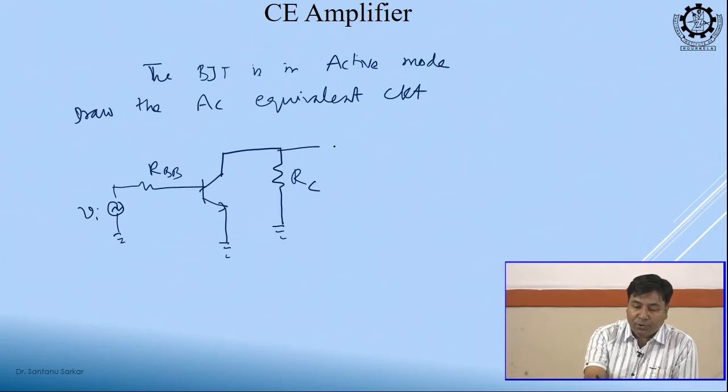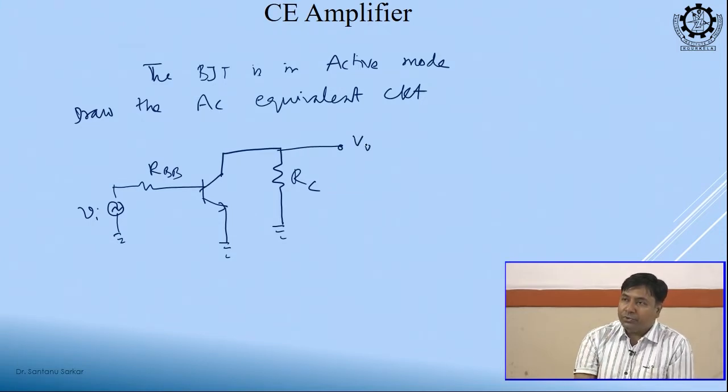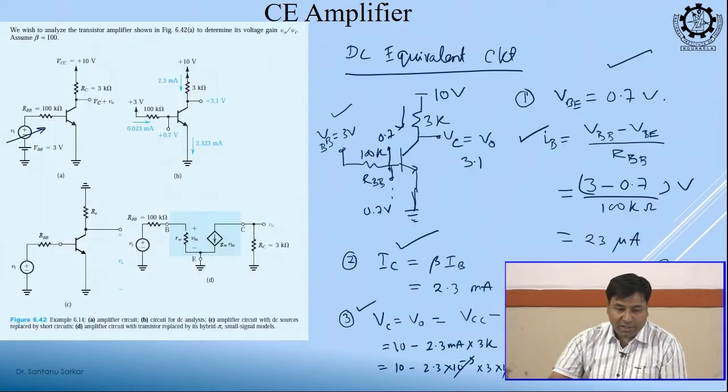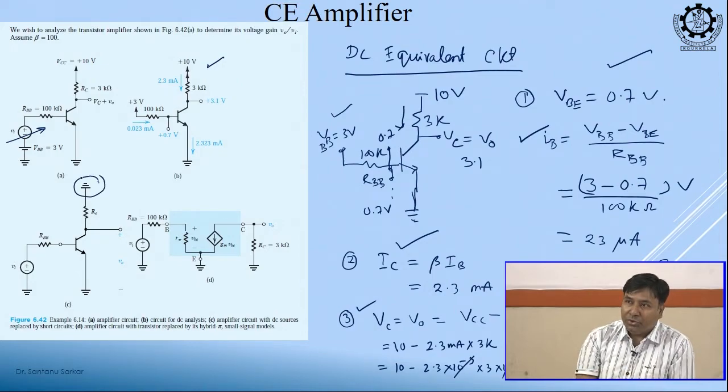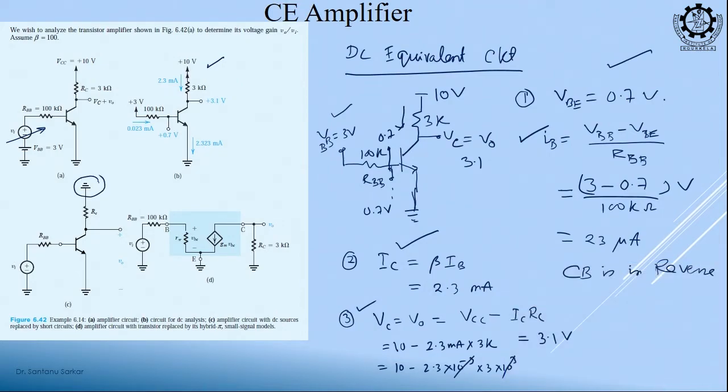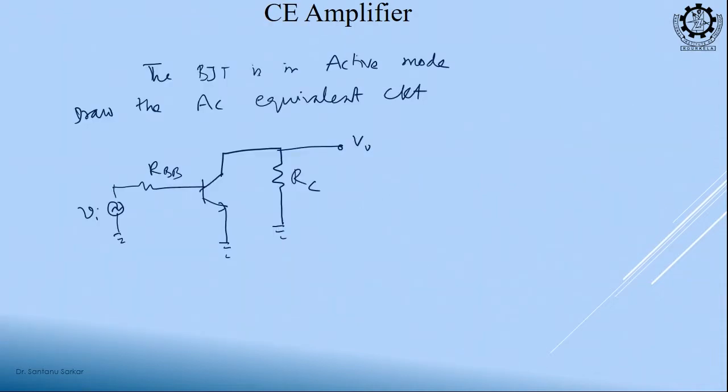And where is the output? The collector terminal is our output. We consider this node as ground, so we can flip it and draw. I have just flipped it, but the connection is the same. If I draw it here or here, both are the same.